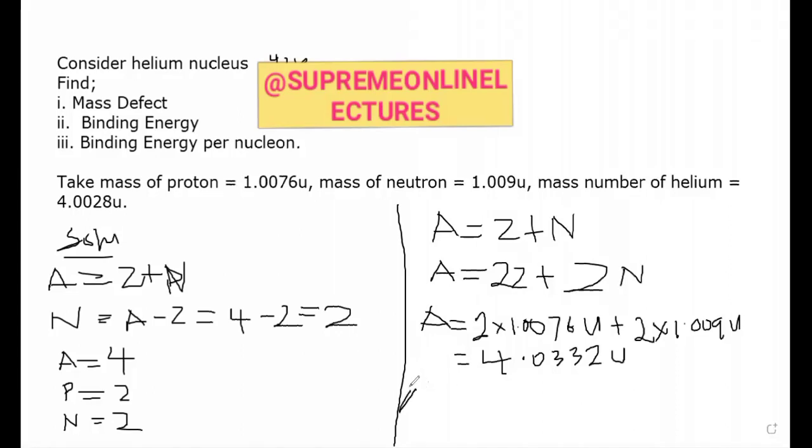So mass defect, change in M, equals this predicted mass 4.0332 U minus the actual mass, which was given, the mass number of helium. Look at it here, 4.0028 U.